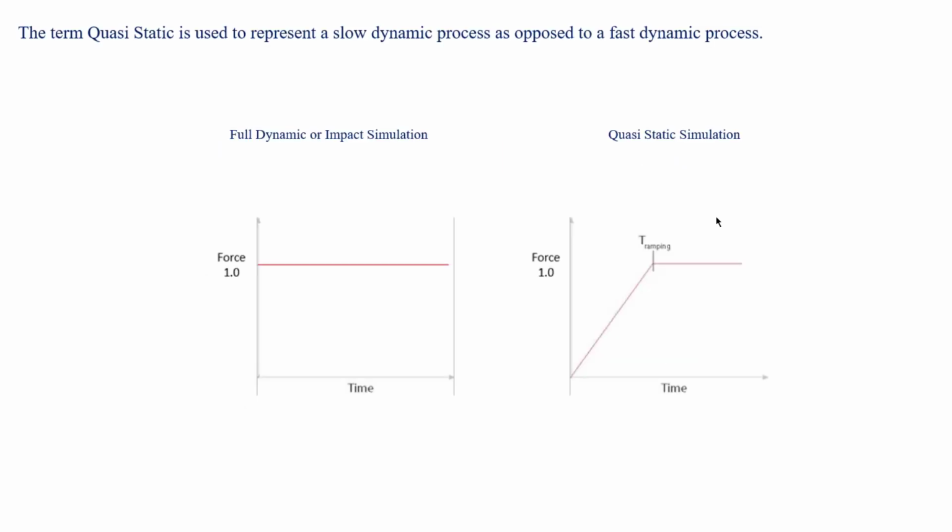Okay, well, so this is the graphical representation for the dynamic analysis and the quasi-static, where the quasi-static is used to represent the slow dynamic process. Okay, so here it is the fast, one-shot dynamic analysis. Okay, here it will start gradually and then it will move into the dynamic region.